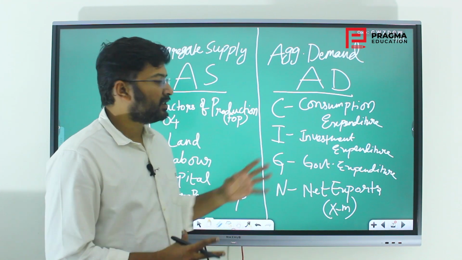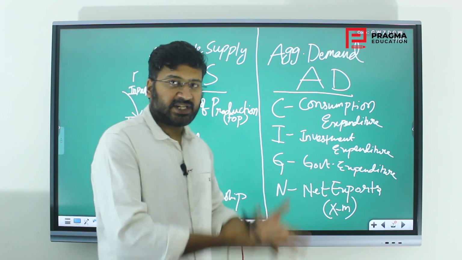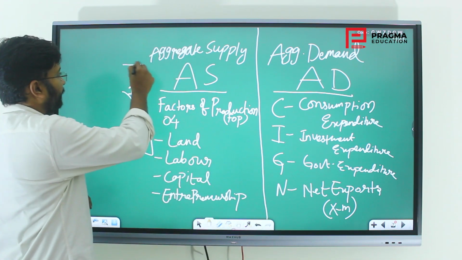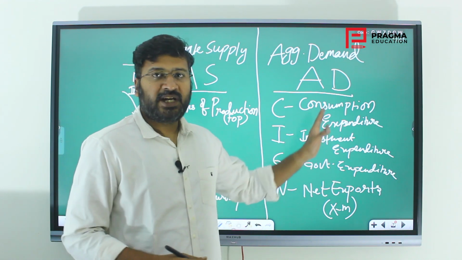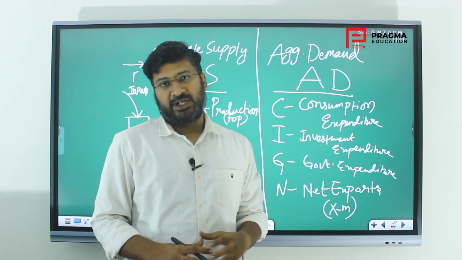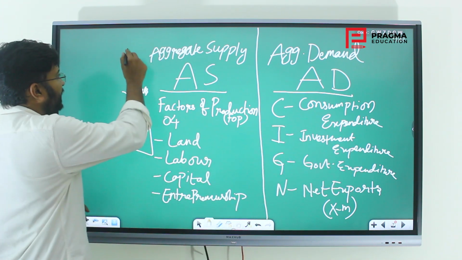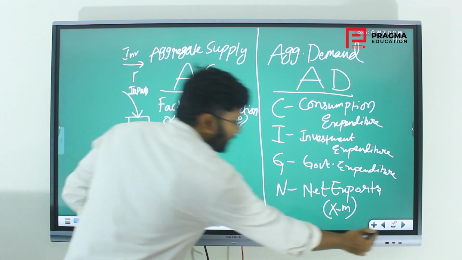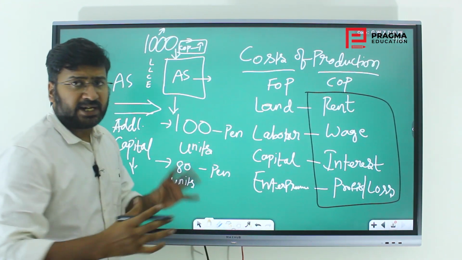Investment expenditure is, we get investments from abroad and we see people investing money, that is here in the supply side. So that expenditure will get converted into consumption expenditure. So it is seen on the demand side, because if there is investment here in my company, as we have seen in this example, I am putting additional capital. What does additional capital mean?